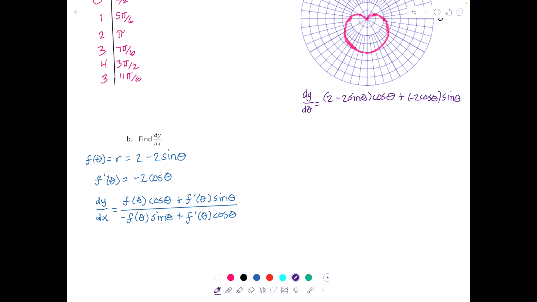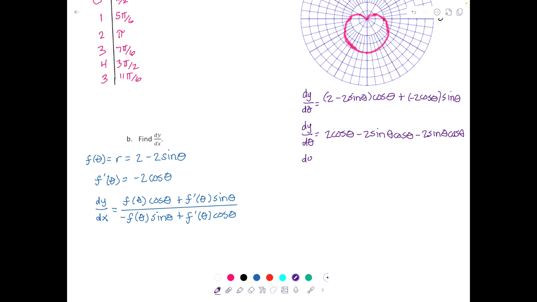And so if I simplify this one a bit, I'll have dy d theta is equal to 2 cosine theta minus 2 sine theta cosine theta minus 2 sine theta cosine theta.